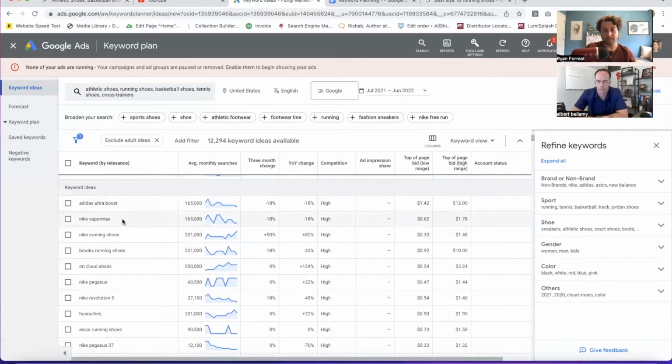Then you've got Vapor Max, Nike running shoes, Brooks. A lot of these are mid-range keywords. It's not like size 10 Adidas Ultra Boost tennis shoes; Adidas Ultra Boost is the mid-range term. If you wanted to spend less than $12, you could put in size 1, 2, 3, 4, 5, 6, all the way up to 20, or add men's or women's or children's.